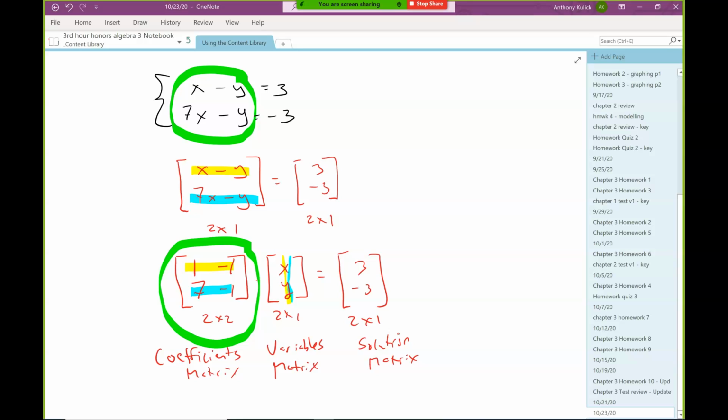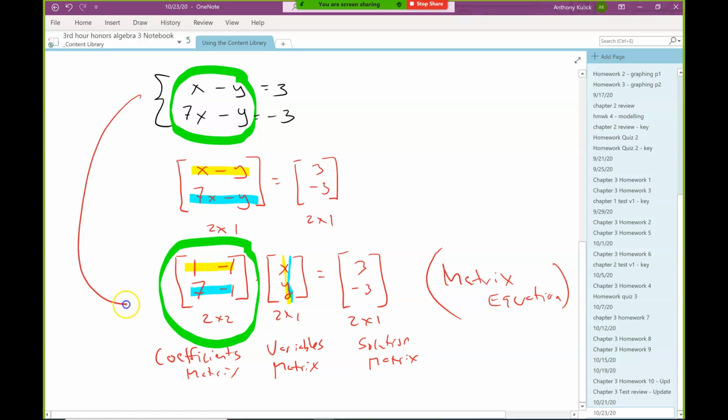Every system of equations we can formulate into a matrix equation using this same format, where we have a coefficients matrix times a variable matrix equals a solution matrix. So this is what we mean by a matrix equation. Is this guy right here. Everybody feel comfortable with how you could go directly from here to here?